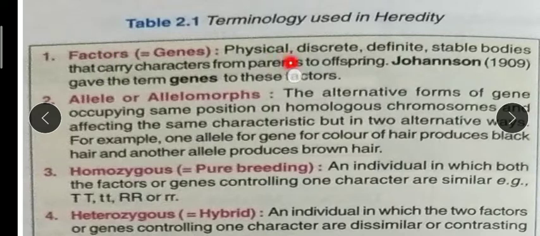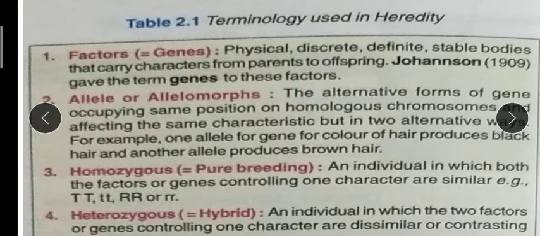They are physical, discrete, definite, stable bodies that carry the hereditary characters, that transmit the characteristics from parents to the offspring. Johannsen in 1909 gave the term genes to these factors.